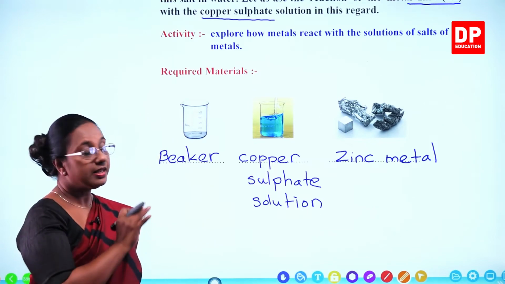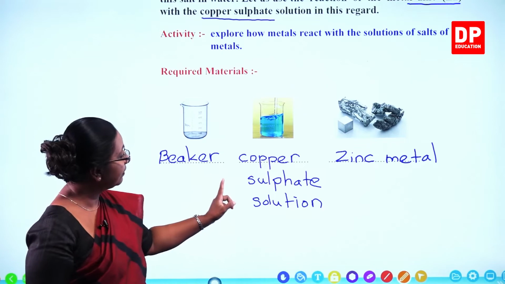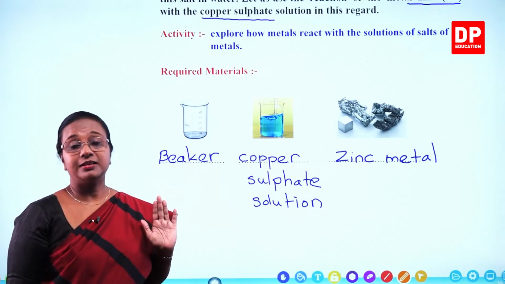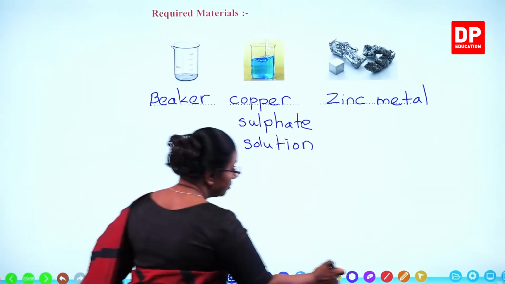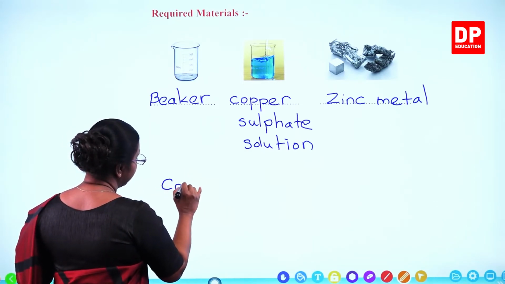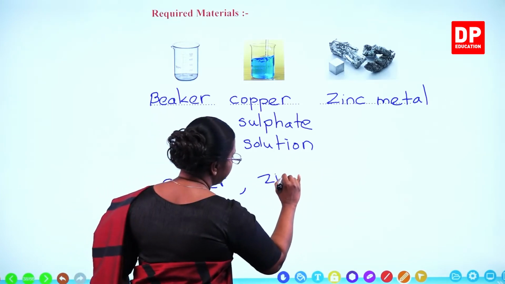In addition to this reaction where we try to react zinc with copper sulfate solution, to compare the reactivity of metals, I will also show you the reaction of copper with zinc sulfate solution.